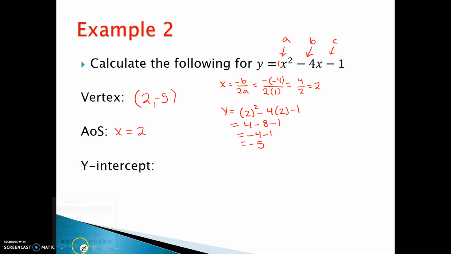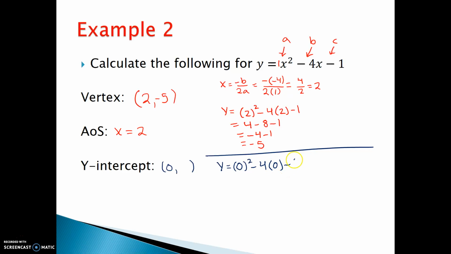Now let me change the colors here so I can get the y-intercept really quickly. Again, I know my y-intercept has to sit at (0, something). So again, let's find that y value by plugging in 0 for x. So I get y equals 0 squared minus 4 times 0 minus 1.